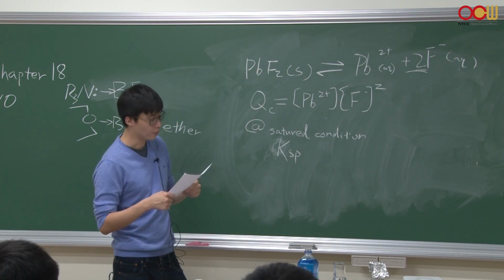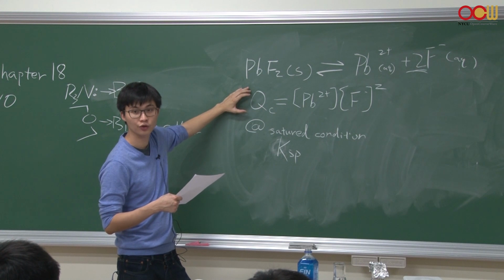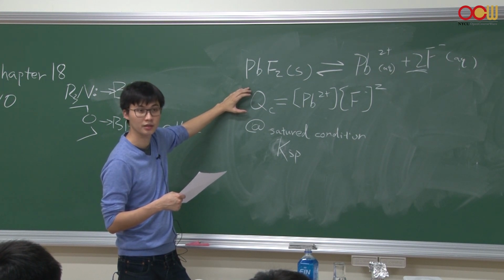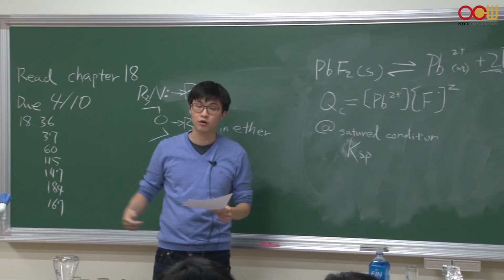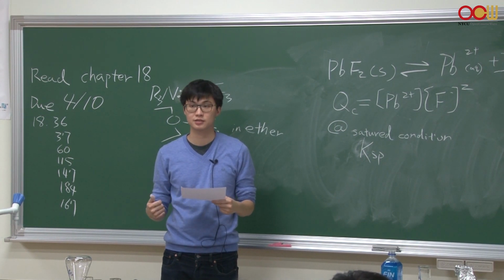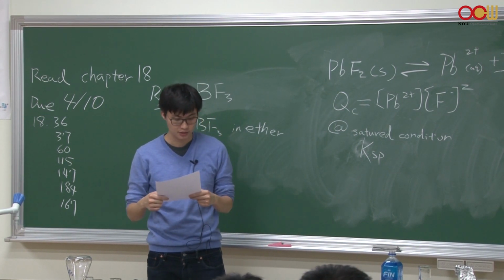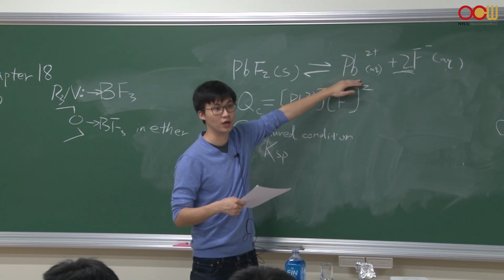Of course, when we talk about Ksp, it's much more complex. I know I've been skipping all the complex ions because I would like to talk about them all at once when we get into complex ions. That means the ability of these metal ions to form these complexes. When it dissolves, it's not simply Pb2+.